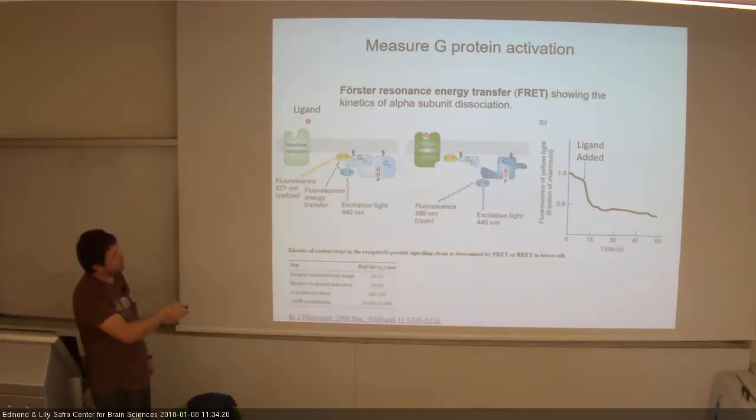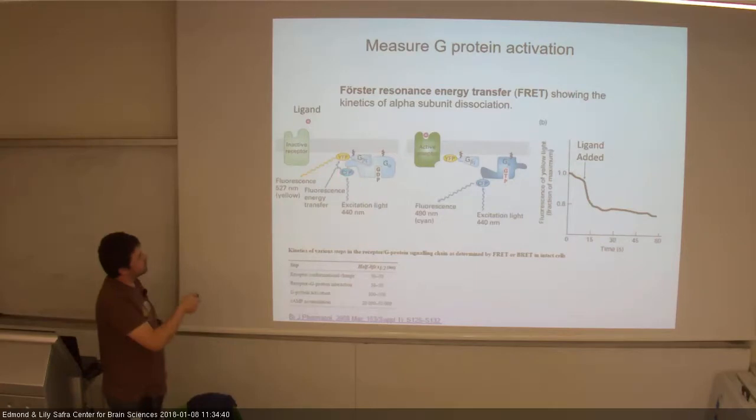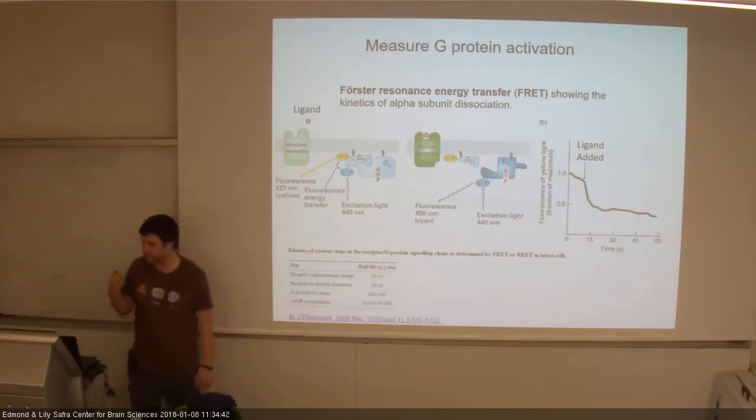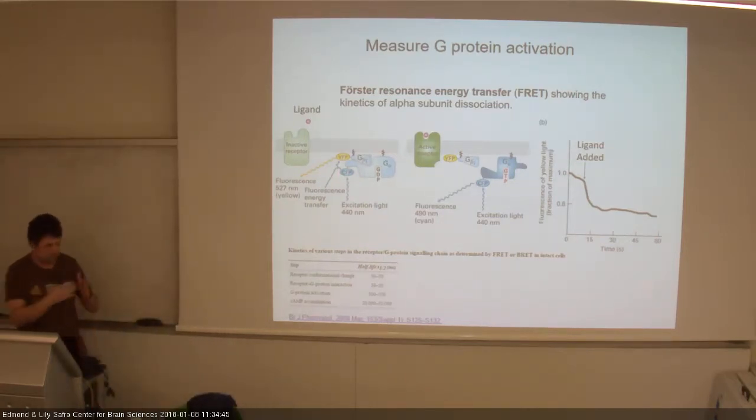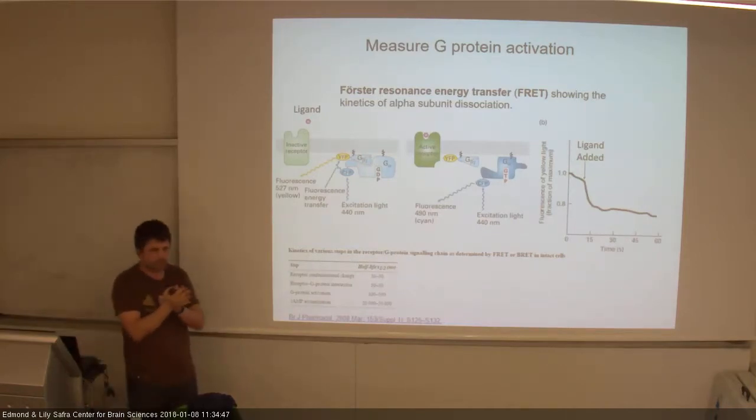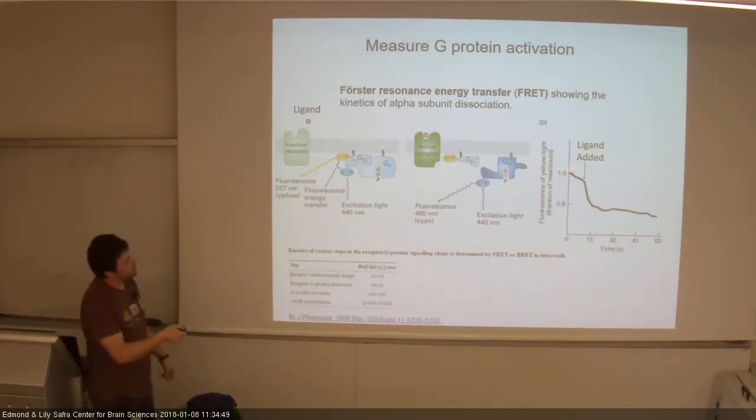And if I excite the YFP with, for example, a 500 nanometer laser, it will emit fluorescent light at 527. But if these two are in close proximity and I only excite at 440 nanometers, and I detect light at 527 nanometers, it means that these are connected, or in proximity of less than 10 nanometers from one another.